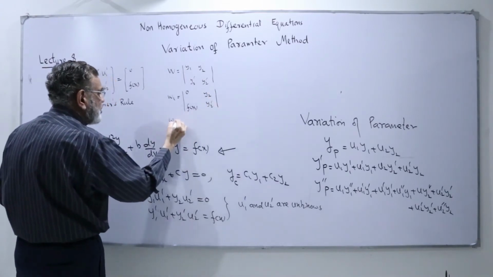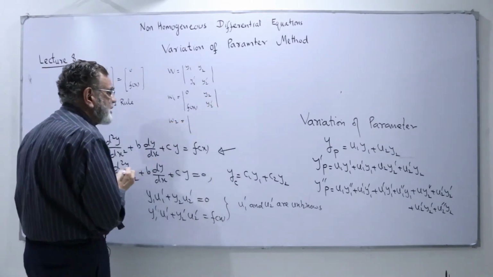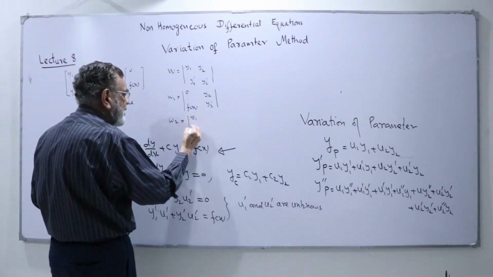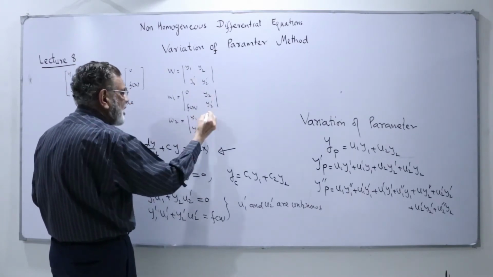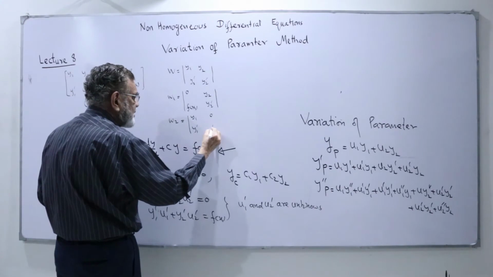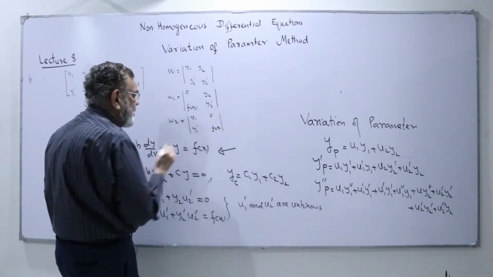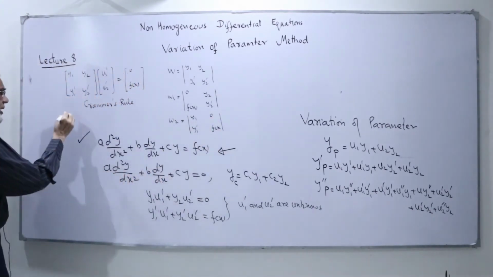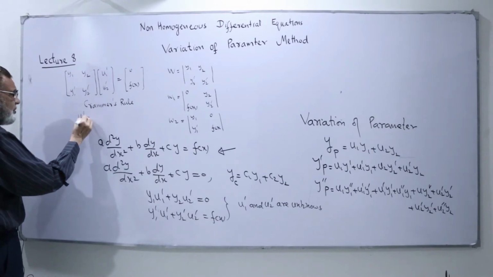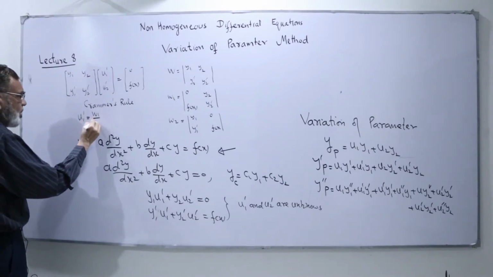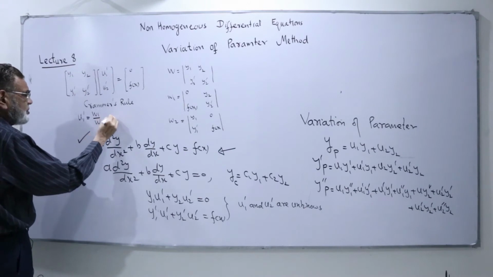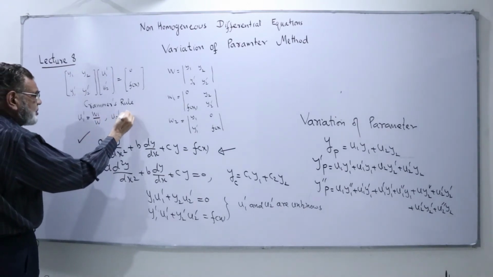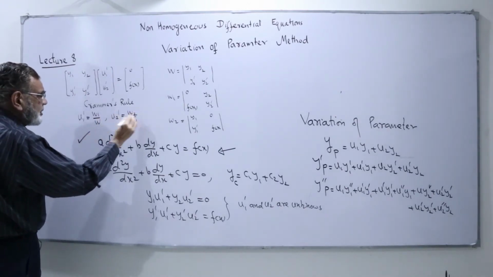Then W2 is the determinant y1, y1 dash, and replace the second column by 0, f of x. So my u1 dash is W1 over W, and my u2 dash is W2 over W.